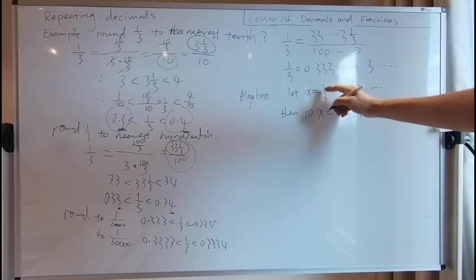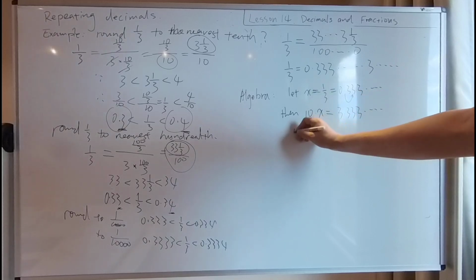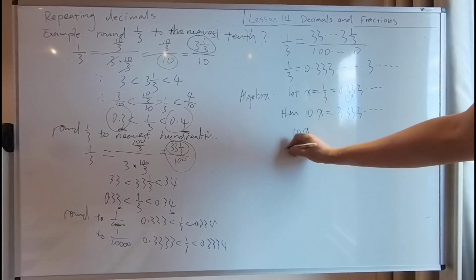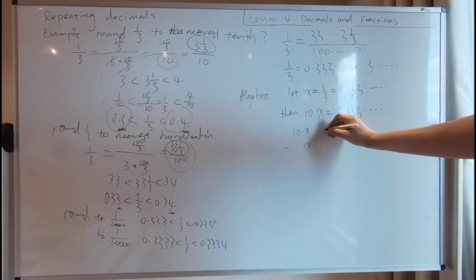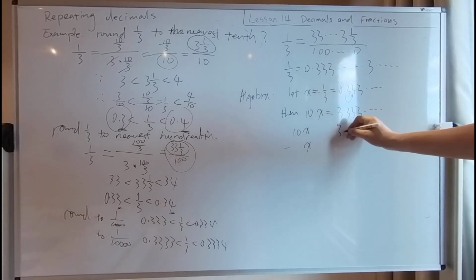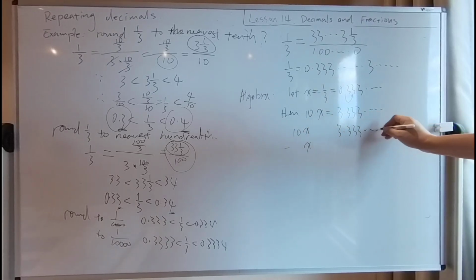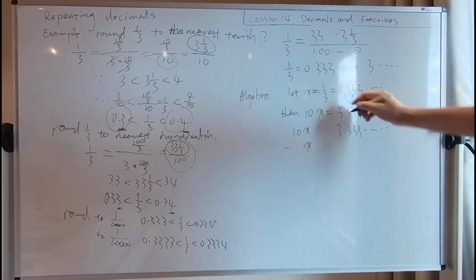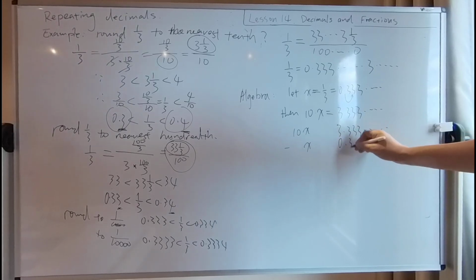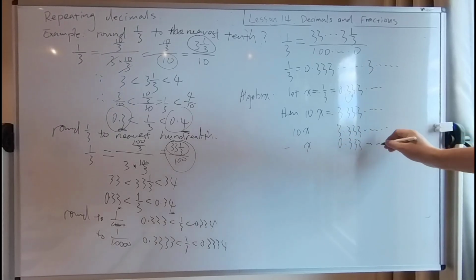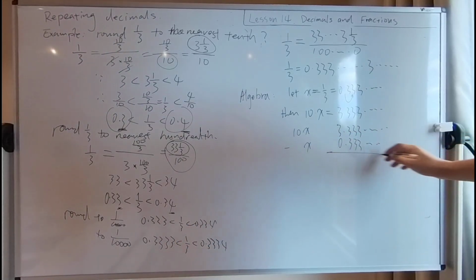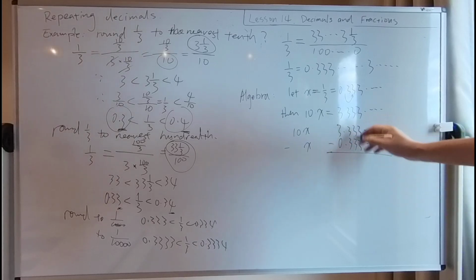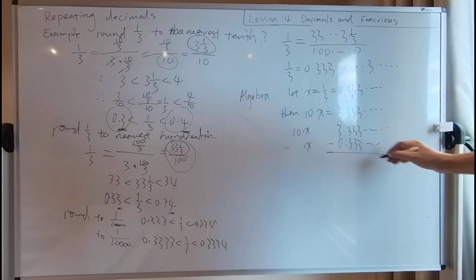So if you subtract the two numbers, 10x minus x: 10x equals 3.333 with infinitely many 3's, and x equals 0.333 with infinitely many 3's. Then in the subtraction, because we have infinitely many 3's in both, they cancel out.